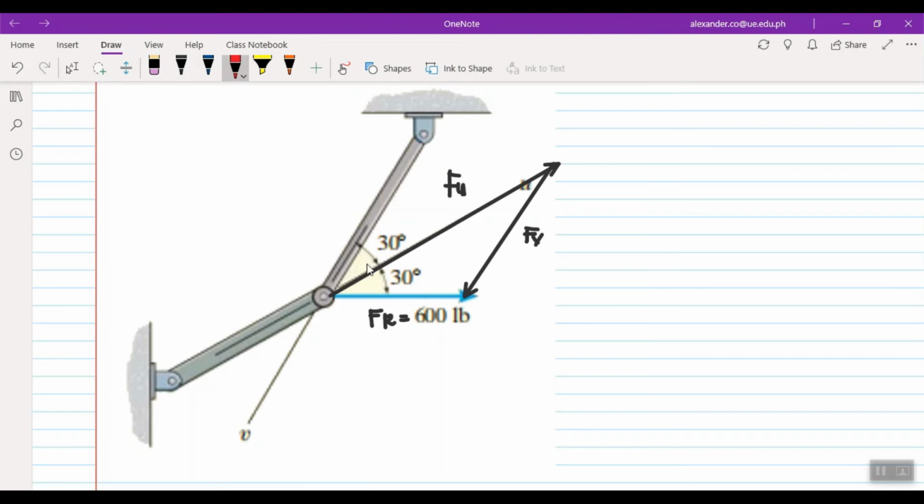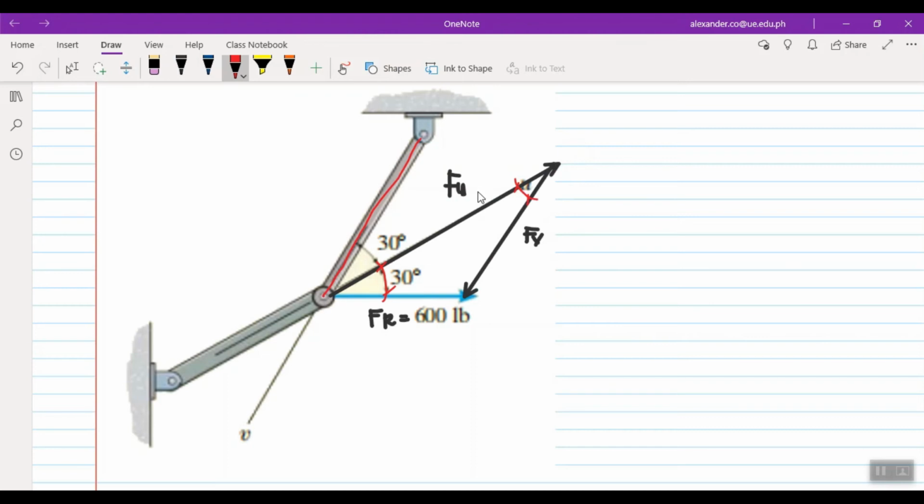Yung angle, this is already known, 30 degrees. Makukuha ba natin to? Kailangan pa natin ng isa pang angle. Diba? So, kung dalawang angle, tsaka isang value, sine law. So, makukuha naman natin to. Kasi, tingnan nyo to this line here, and this line here is parallel. Diba?